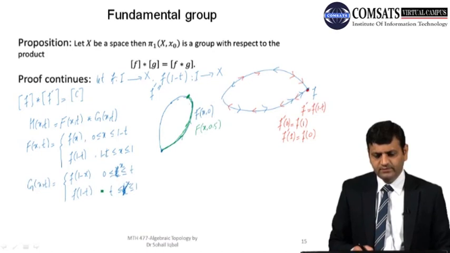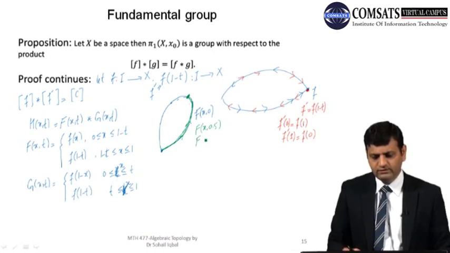On the other hand, when t goes on and t is equal to 1, let's see what will happen. When t is equal to 1, the interval is from 0 to 1, and we are getting f of 0.